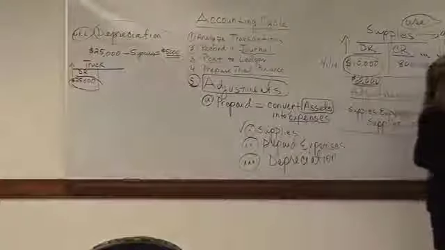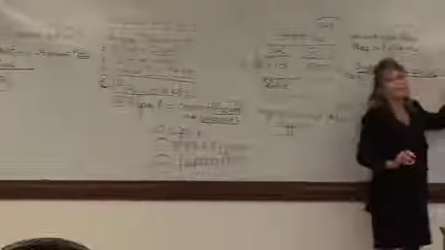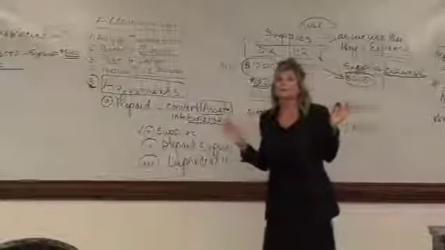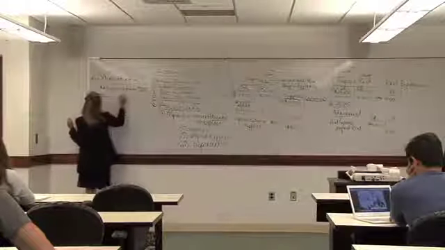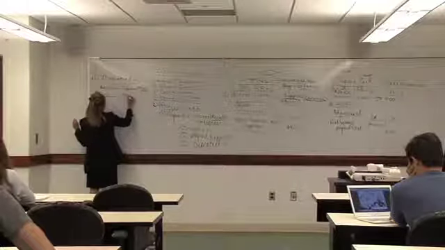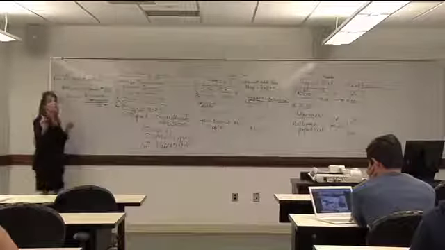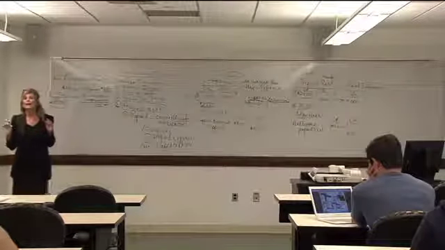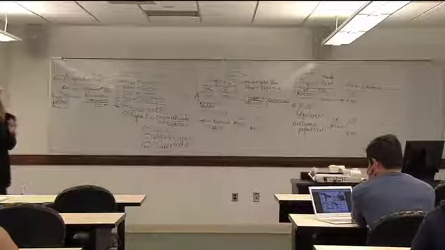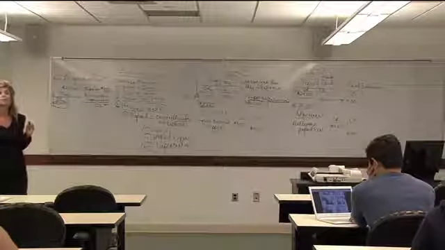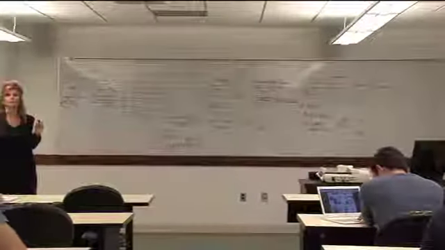And with prepaid rent, we reduced the asset. We're not going to do that here. Instead, we're going to use what is called a contra asset called accumulated depreciation. Depreciation amounts every year in the accumulated depreciation.